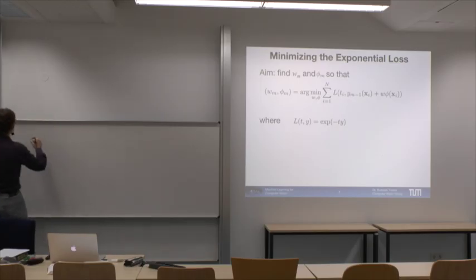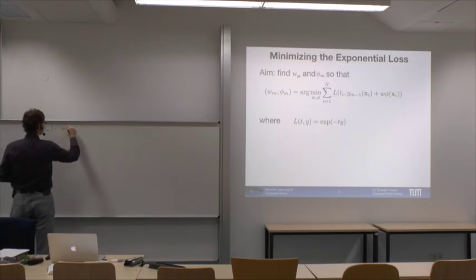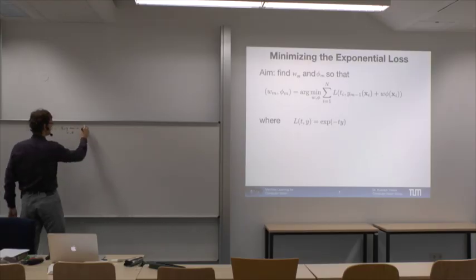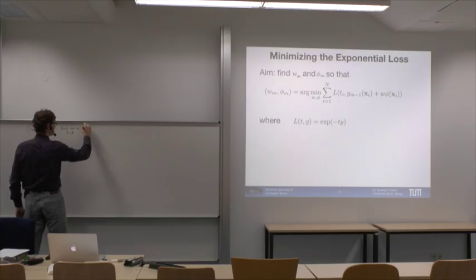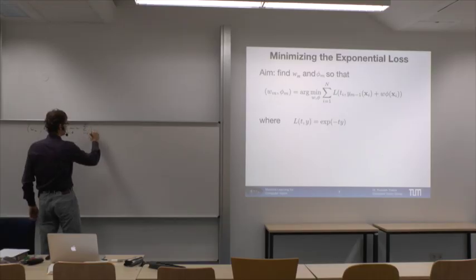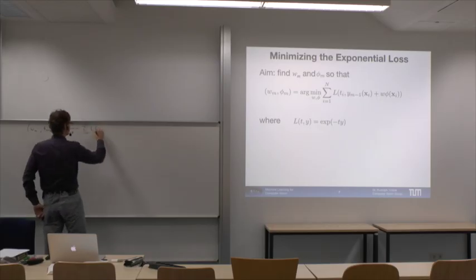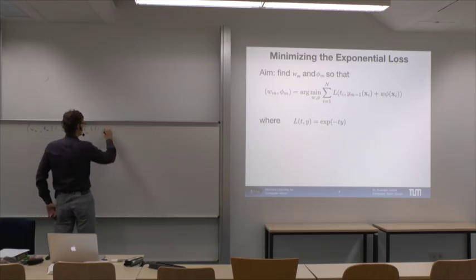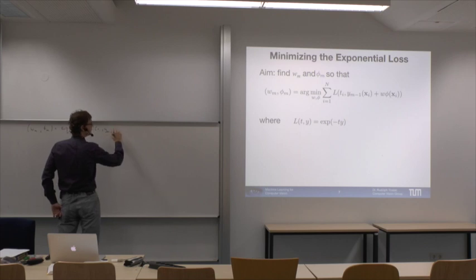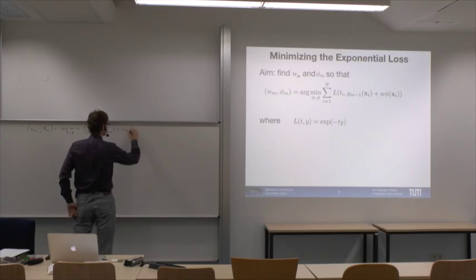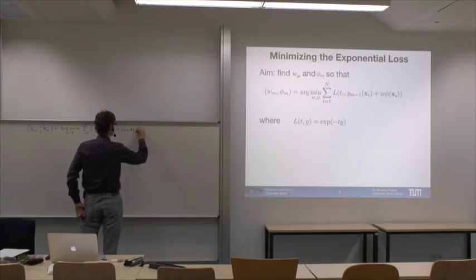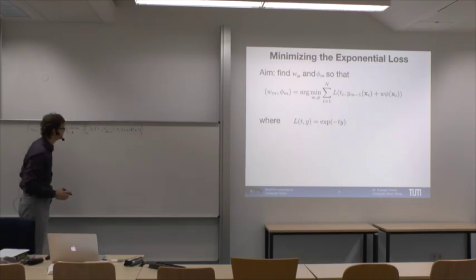So we have our Wm, phi m equals argmin over W and phi of the sum over all data points, and we use our loss function, which is L of t_i, y_(m-1)(x_i) plus W phi(x_i).